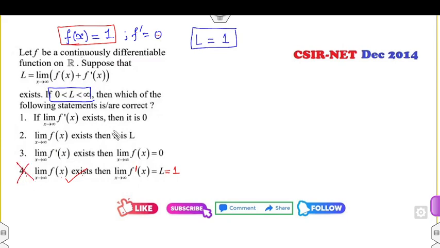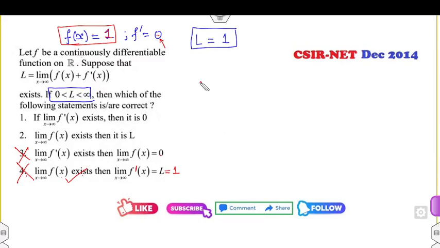Limit of f dash exists, yes, because the limit is always 0 and it's unique, and the limit of f(x) is 0. But what is the limit of f(x)? 1. This option is cancelled. Fine. Now out of the two options I have to discard one of them, and the other one will be the correct option.